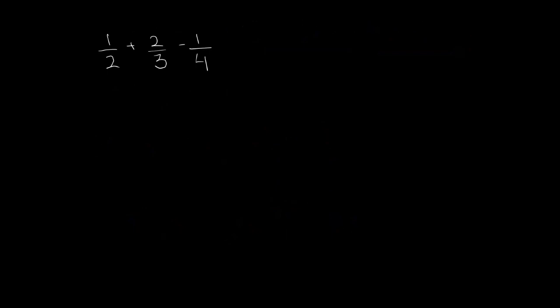So this turns out to be then equal to 6 over 12 plus 8 over 12 minus 3 over 12. So this is going to be equal to just 11 over 12. 14 minus 3 is 11, so this will just turn out to be equal to 11 over 12.